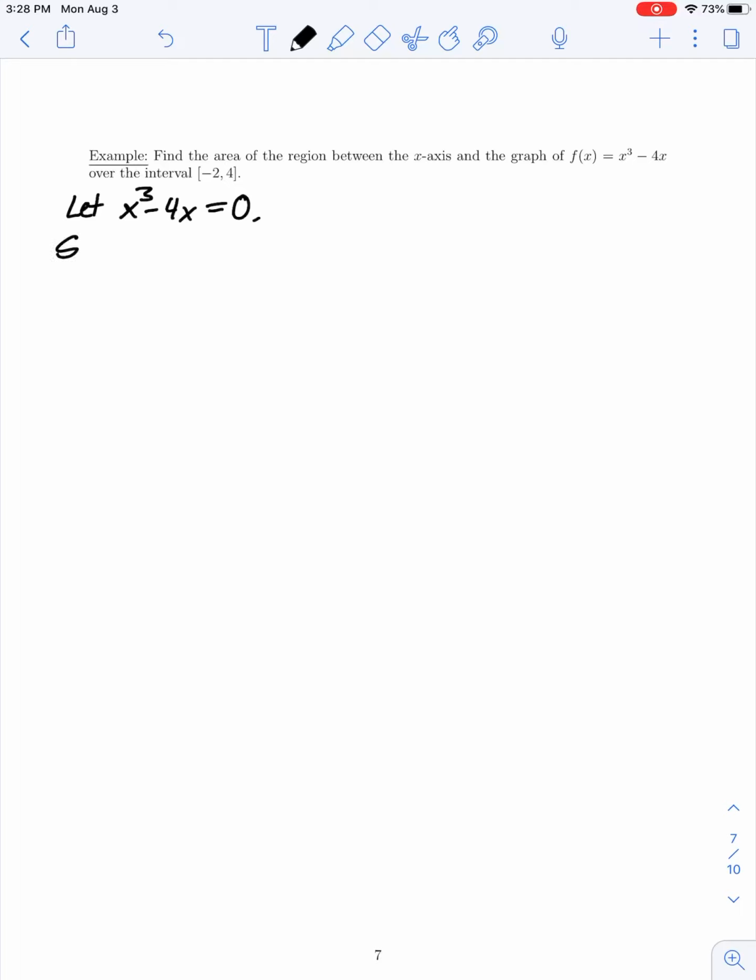So to solve, we could factor out an x. We're left with x squared minus 4 is equal to 0. So either x is 0 or x squared minus 4 is equal to 0, in which case x could be positive or negative 2.